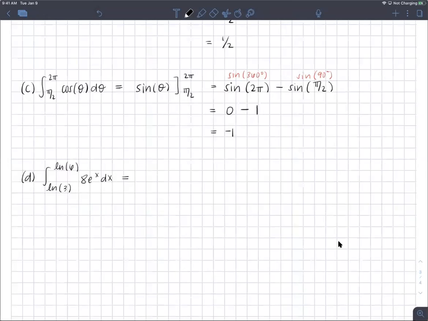So real quick, what can I do with this constant right here? What am I allowed to do with it? Yeah, you can bring it out front.